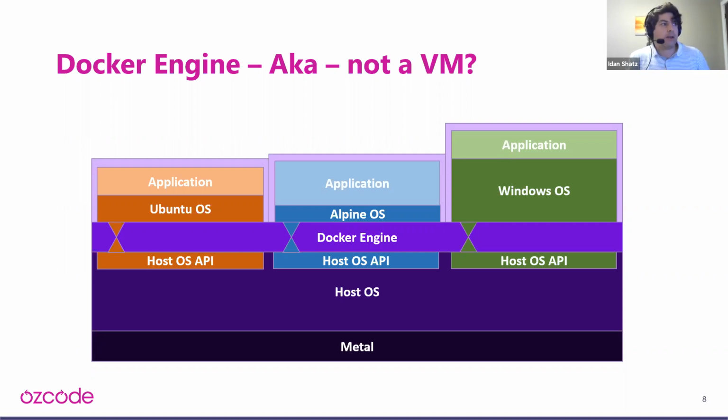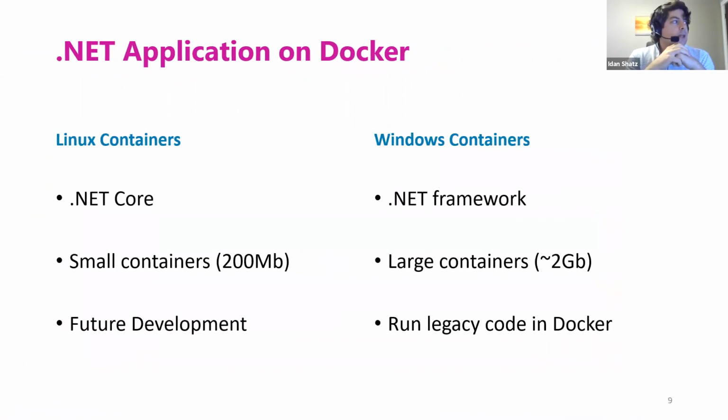If you are a .NET developer, you have two options when it comes to using Docker images. One of them is the Linux container, and the other one is Windows containers, which basically sounds like what they are. It's basically what type of operating system you want inside your container image.